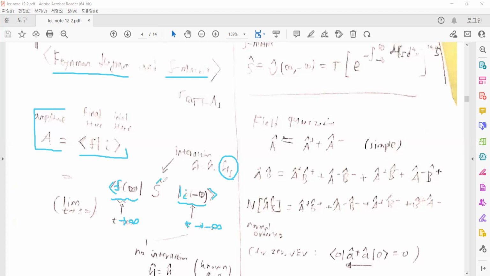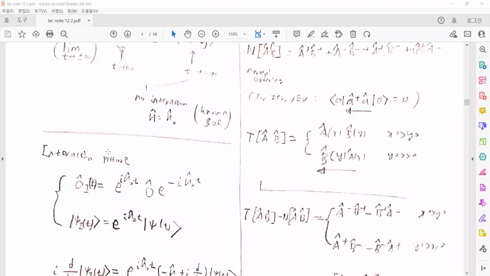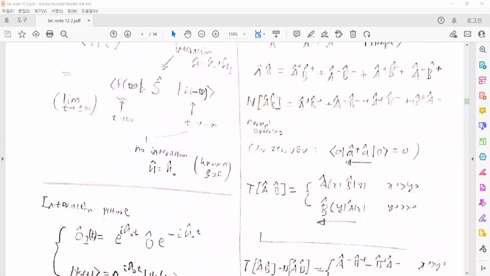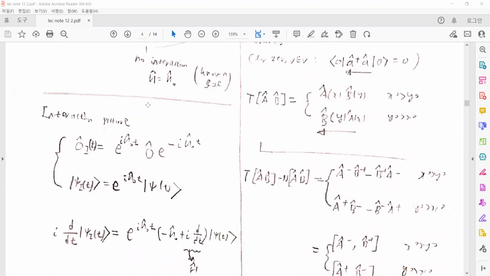But such time evolution or interaction parts are the perturbing Hamiltonians. That is some of the situations. And such initial and final states are exact solutions of the non-perturbing parts.